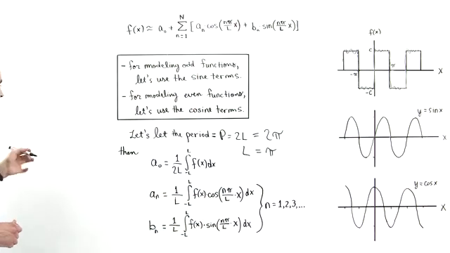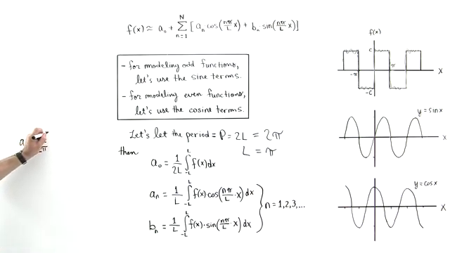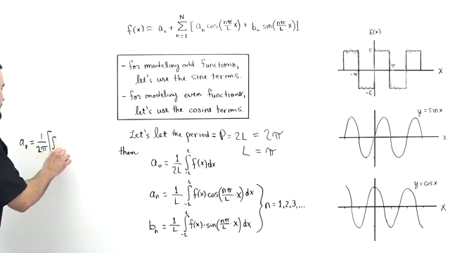So I'm going to write a0 right here. Step out the way here. a0 will be equal to 1 over L, where L is pi, so 1 over 2 pi, times, open bracket, the integral from negative pi to pi, and we're going to, well no, pardon me, we're going to go from negative pi to 0.